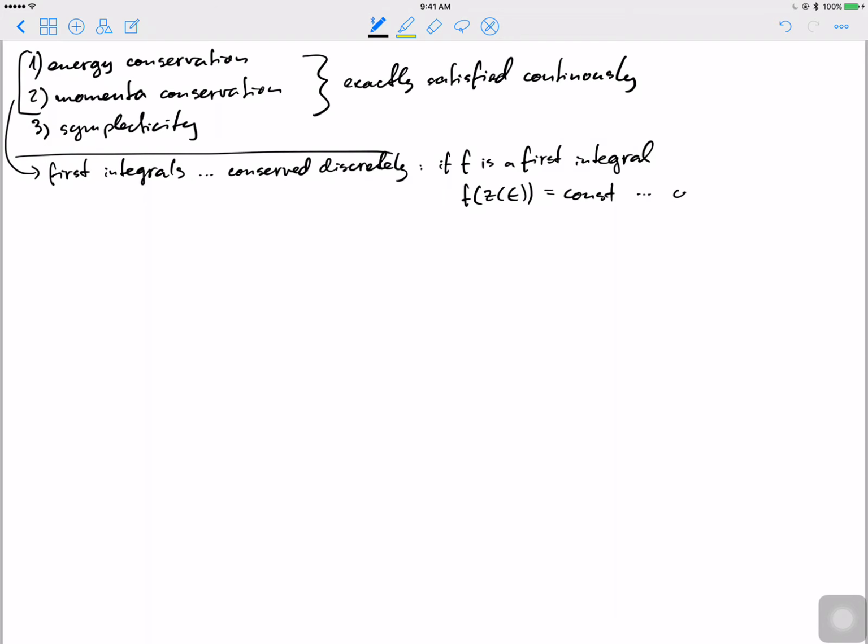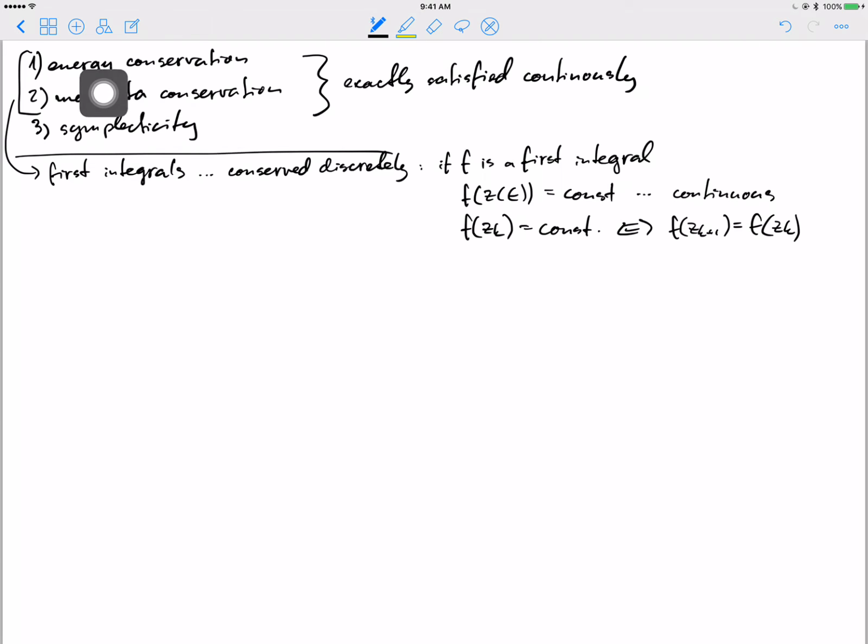That's the continuous view. And in the discrete view, it's the same thing. You say that f of z_k is constant, or that's equivalent to saying that f of z_{k+1} is equal to f of z_k, okay? Meaning the numerical integrator produces z_{k+1} such that after I evaluate the first integral, it's the same as it was before.